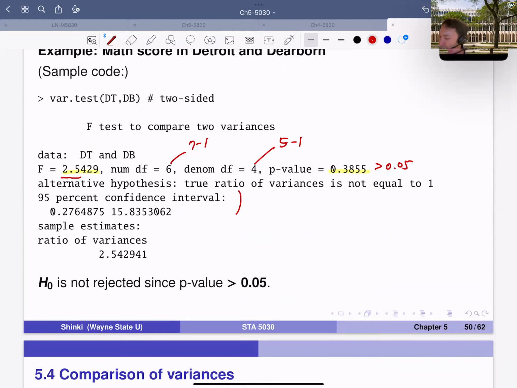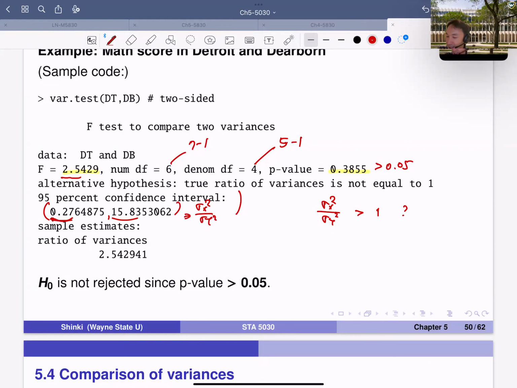So sigma x square over sigma y square will be between 0.27 and 15.8. So 0.27 is a difference of maybe 3.5 times, but the 15.83 is almost 16 times. So this tends to be larger than 1, probably, but it's not significant because it includes 1. So sigma x square over sigma y square is in this range.